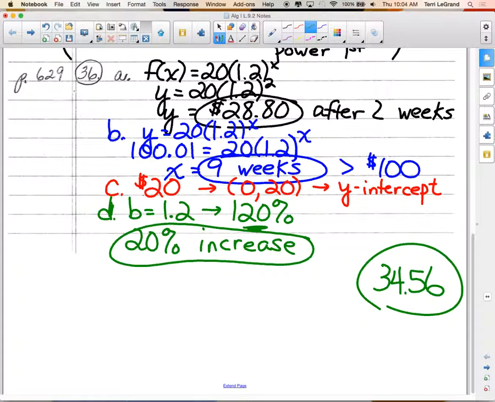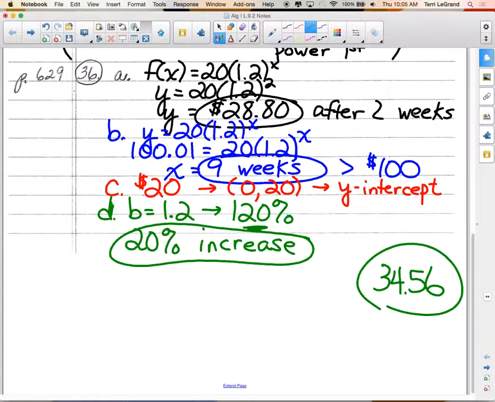So the 100% says keep the value of the coupon as it is right now. That's the $28.80. Add on another 20% of that $28.80, which we said was $5.76, and now the coupon is worth this.